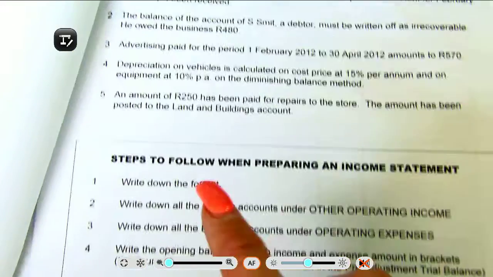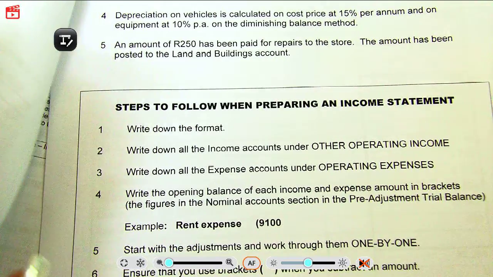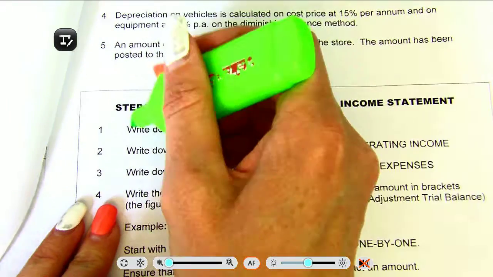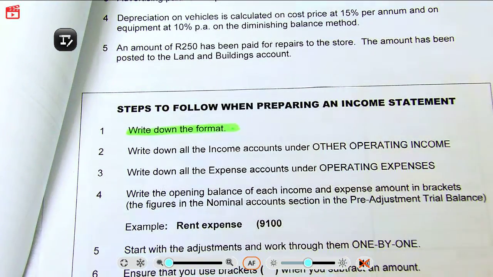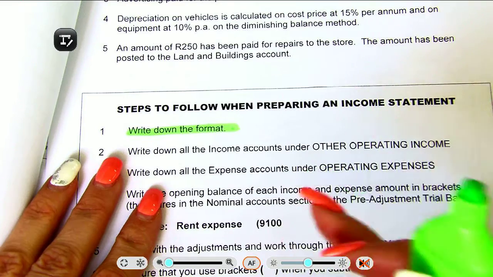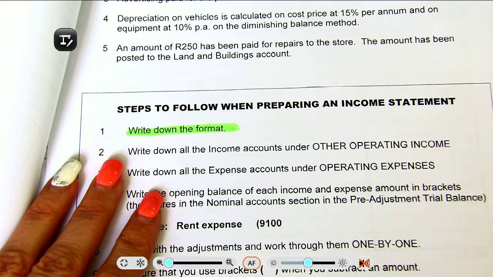And then it tells us steps to follow when preparing an income statement. So what must we do? Firstly, we must write down the format. Obviously you're going to need to know what are my incomes and what are my expenses. So first thing you do is write down your format. Sales minus cost of sales gives me gross profit. Gross profit, and then so on we go.